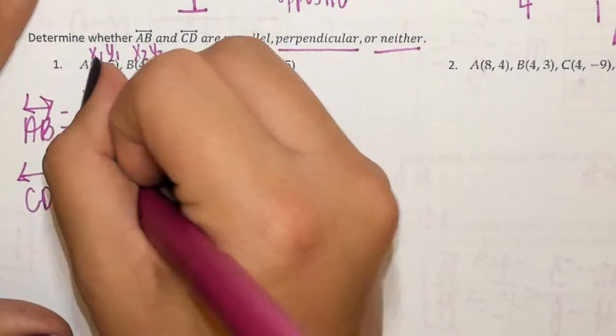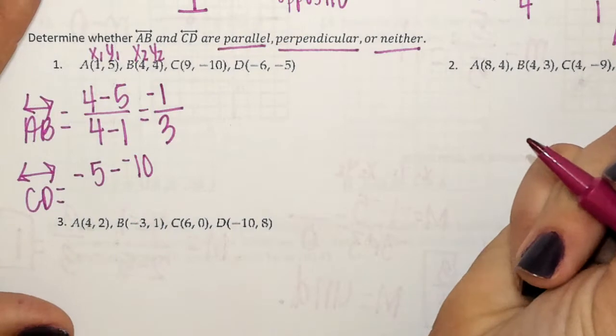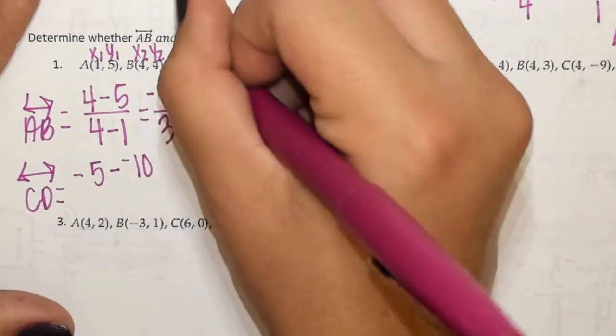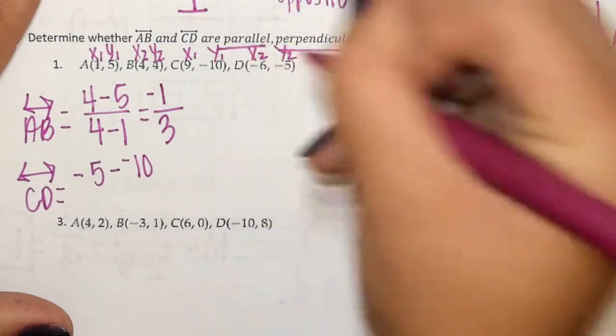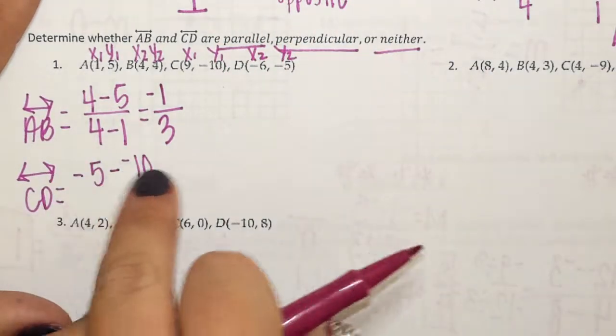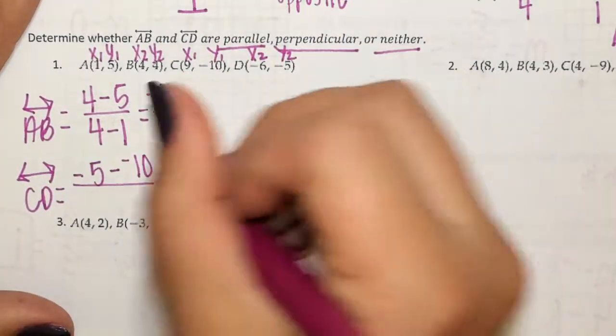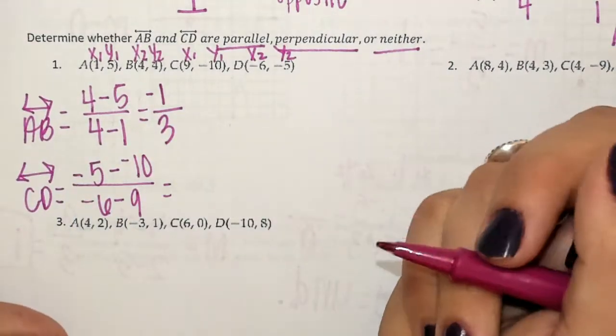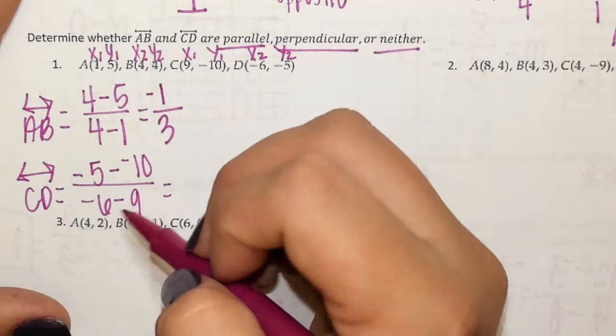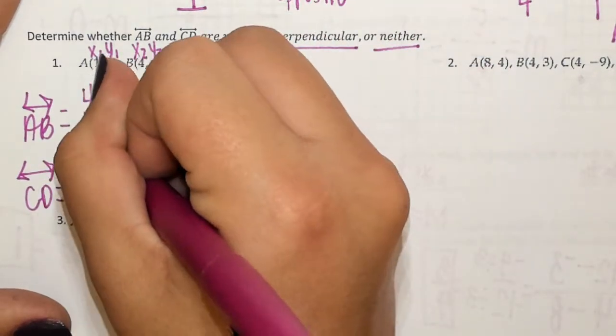-5 minus -10, because this is x1, y1, x2, y2. So -5 minus -10 divided by -6 minus 9. Keep it, switch, switch.